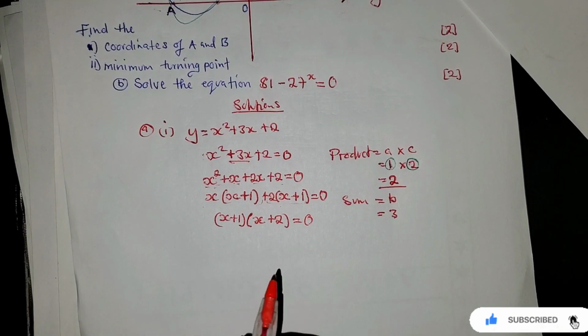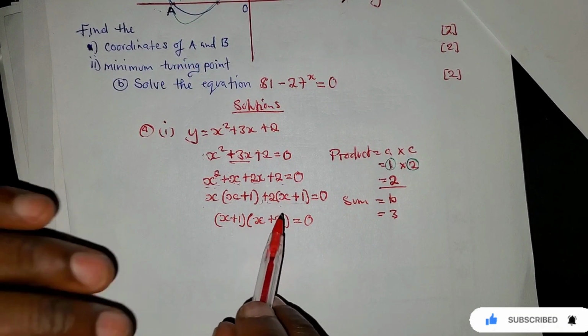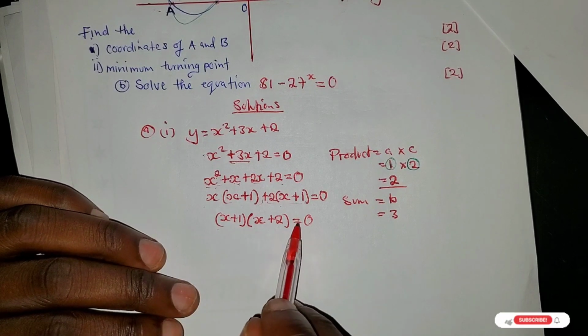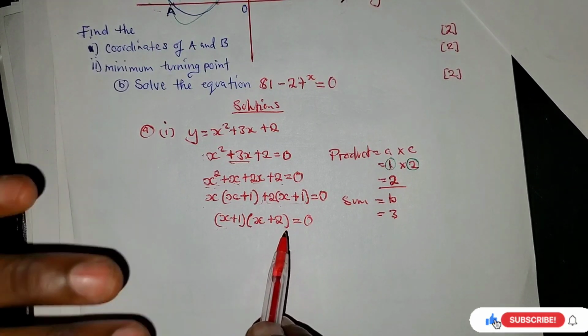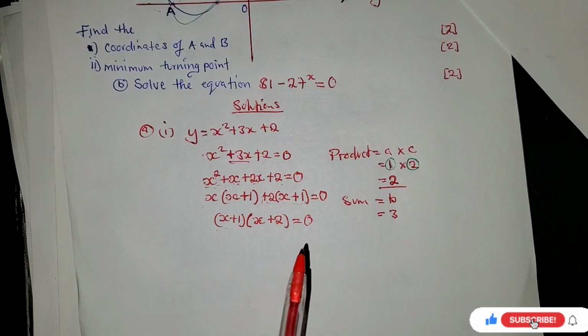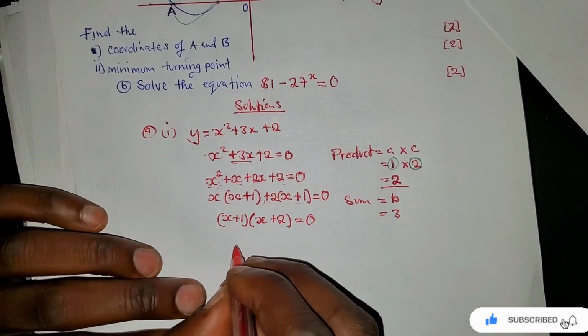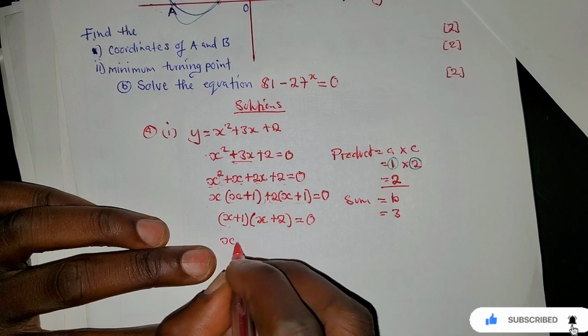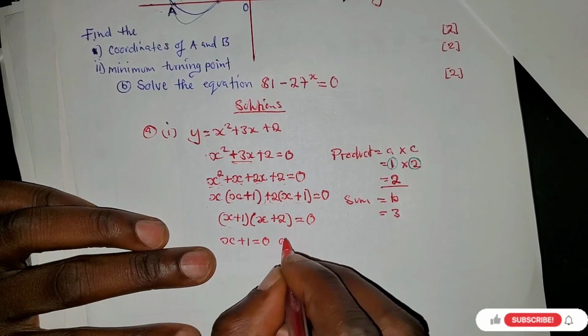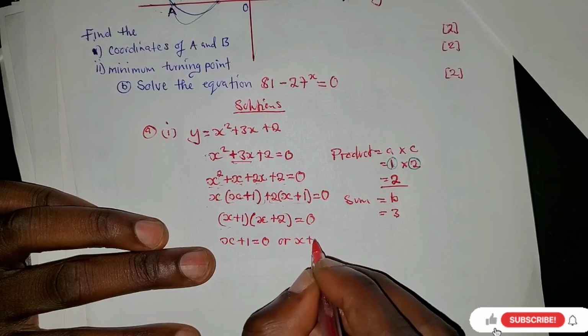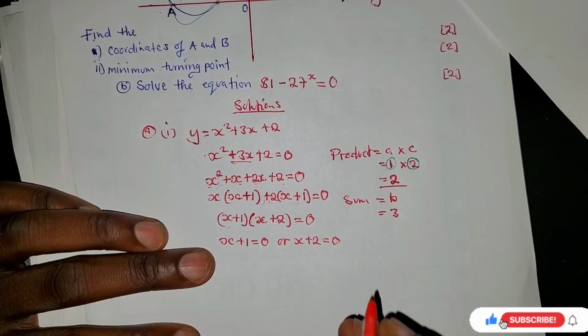Now, we don't want to factorize. If you were just factorizing, the answer would have been this. Since there's an equal sign here, it means we want to find the actual values of x. Now, you can just write x plus 1 is equal to 0, or x plus 2 is equal to 0.